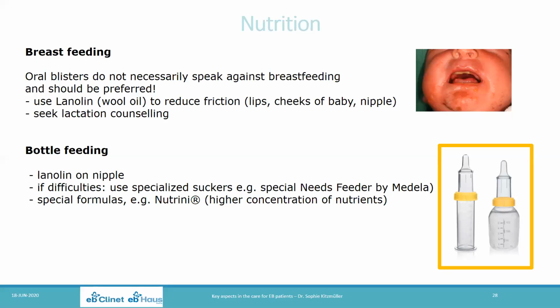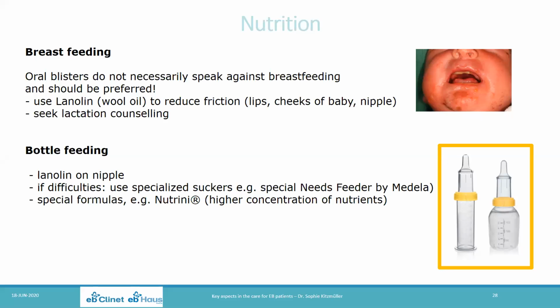They look like this, and what is special about them is that depending on how you hold the bottle, this facilitates a continuous flow of the milk, and the baby does not have to suck. It only has to swallow what flows out in a continuous flow into its mouth.